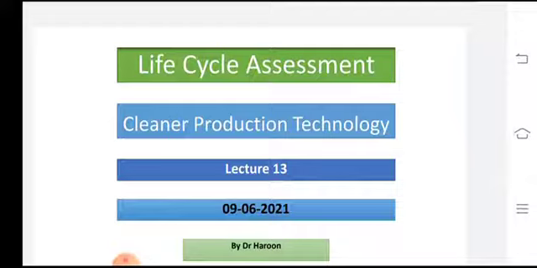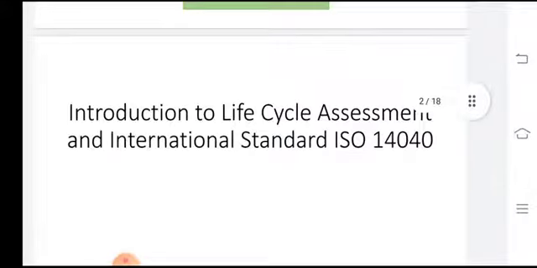So let's start with life cycle assessment: what it is, why it is important to us, how we are going to implement it. It is actually a very detailed topic, but we will be covering it just to know the significance and the basic procedures.